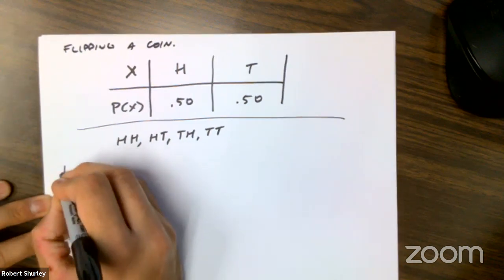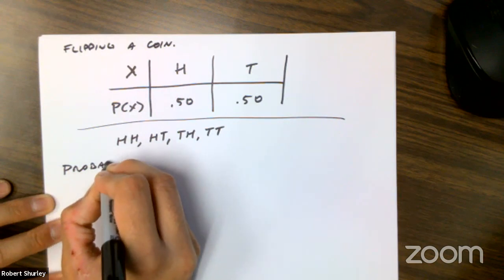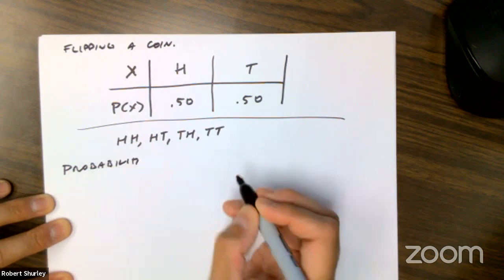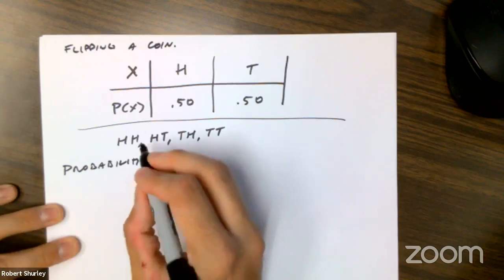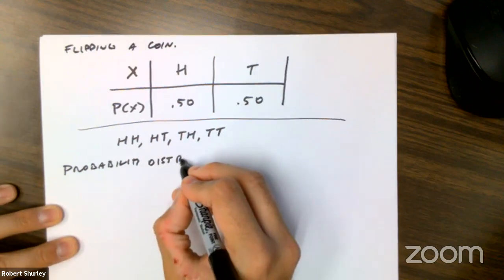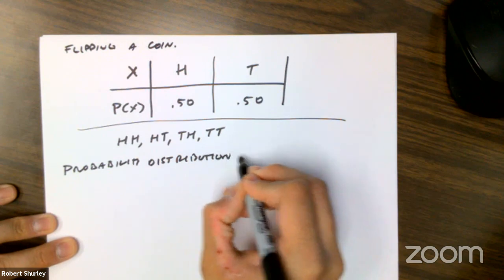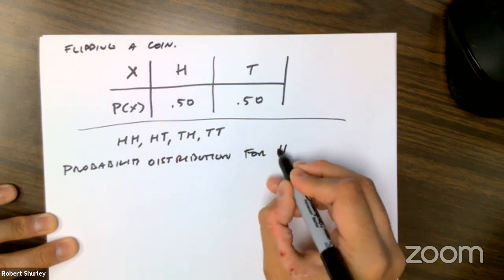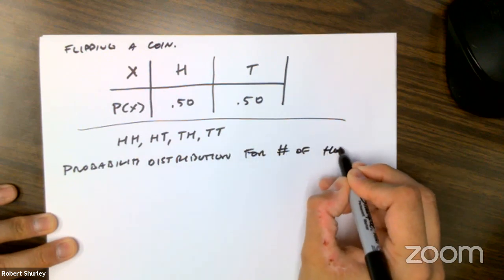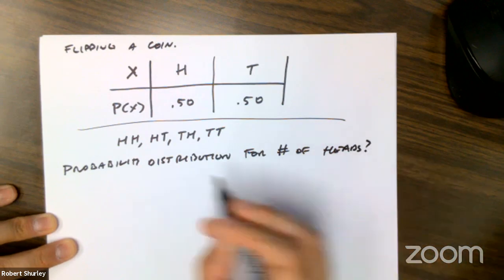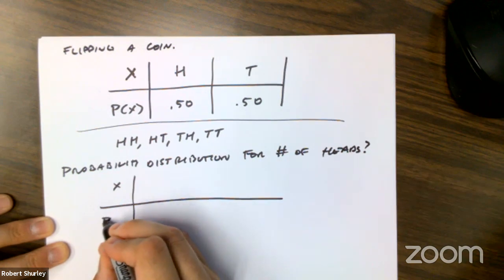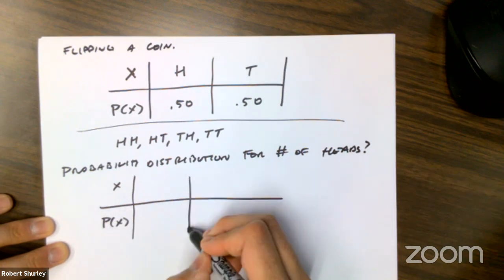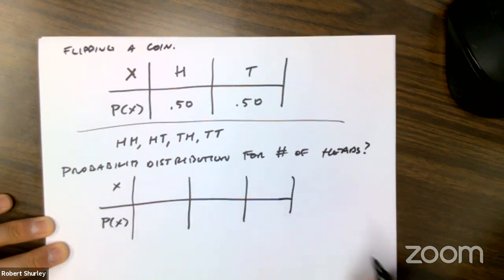So then they want to know the probability distribution for the number of heads. This one's a little different.